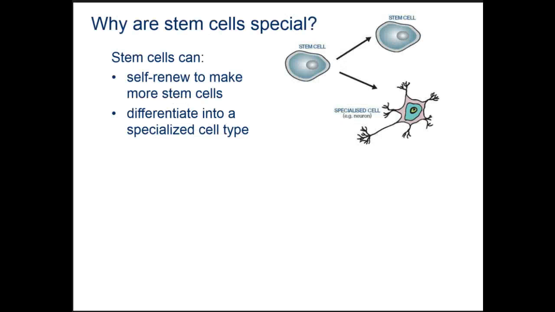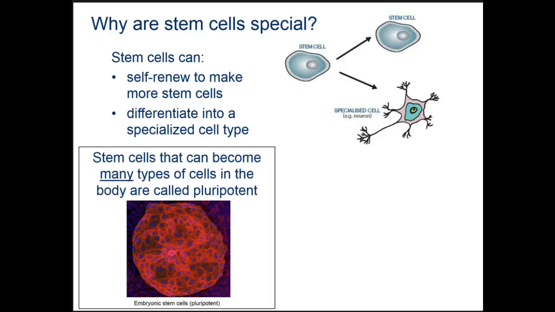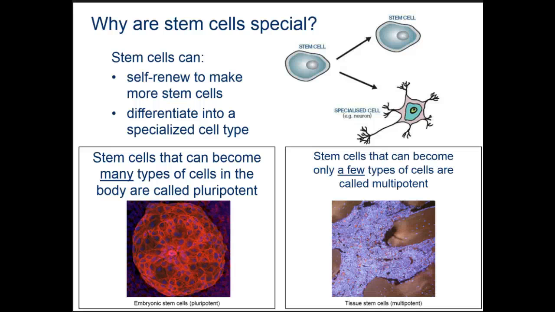Stem cells are special in that they can self-renew to make more stem cells, and they can differentiate into specialized cell types. Some terms that you might hear are terms such as pluripotent. Stem cells that can become many types of cells in the body are called pluripotent. And then stem cells that can only become a few types of cells are called multipotent.